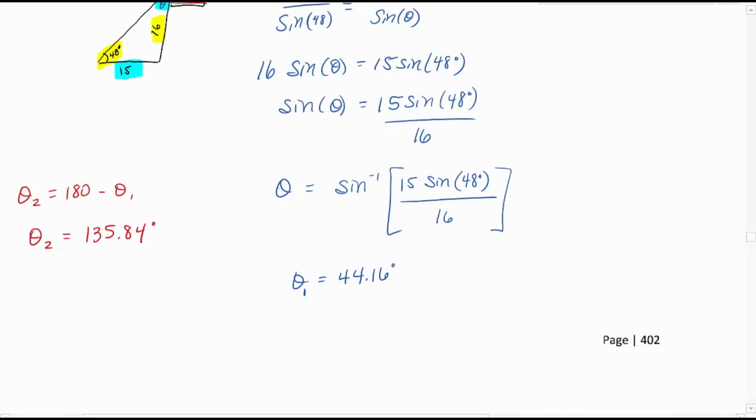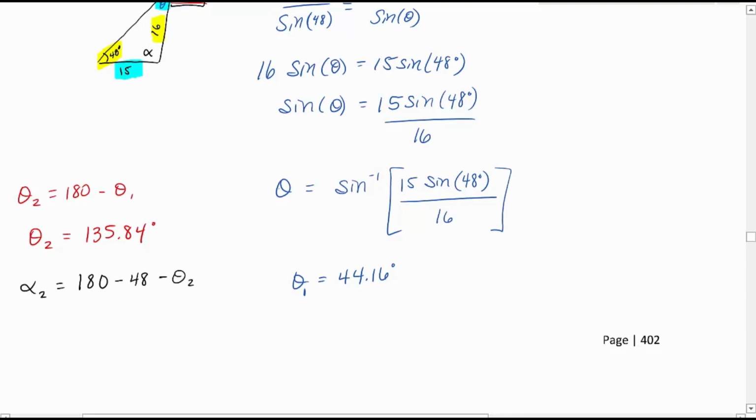To get the third angle at the bottom, call that alpha 2, remember we find that by taking 180 minus the angle that we were given, which was 48, minus this theta 2.